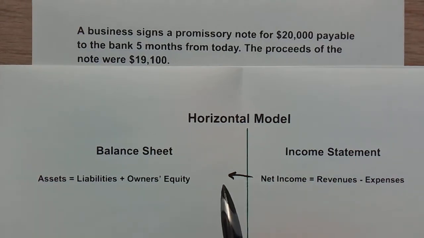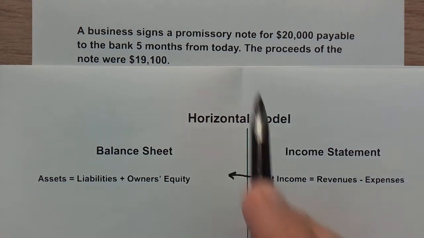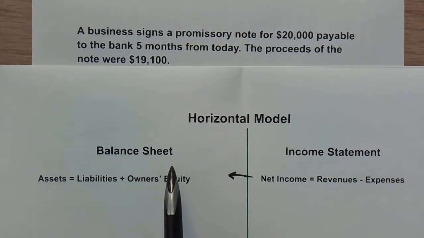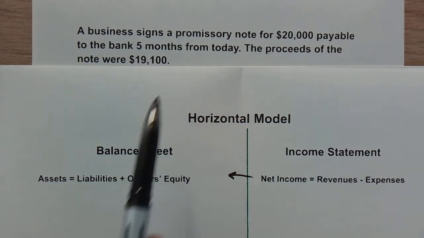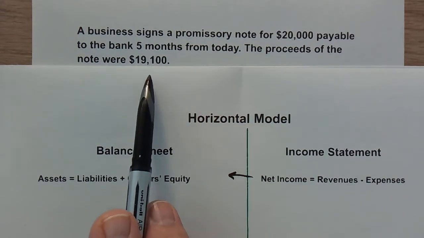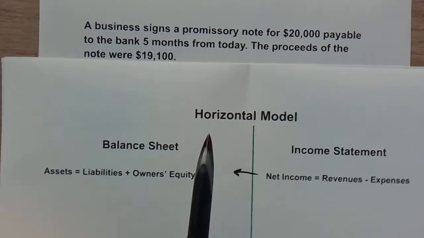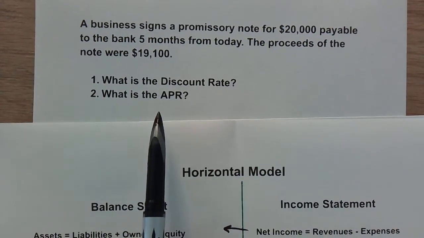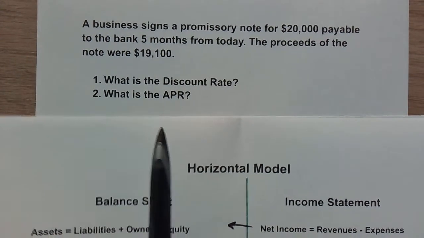Sometimes you may be asked to figure out how a particular discount note transaction impacts the horizontal model of accounting, and you may not be sure how to work that. Well, I'm going to show you today how to do this using this example up here that we had calculated in the past, the discount rate and the APR.